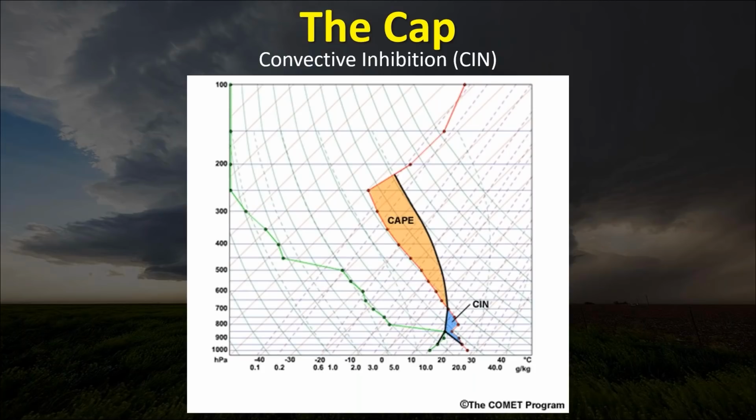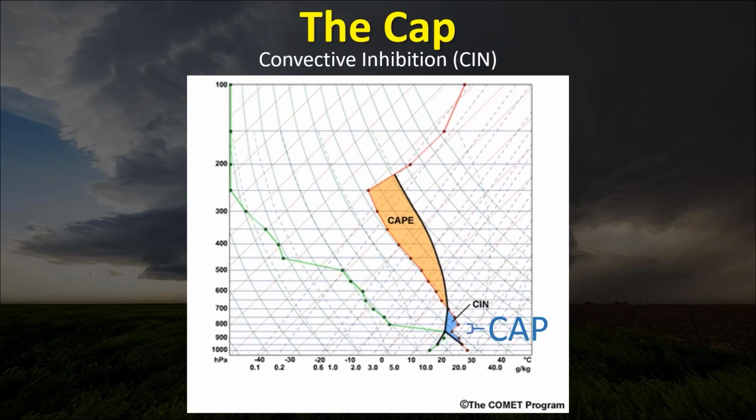So you can see there, if you start from the surface, the red line is going to the left, going to the left. It hits a certain point there around 850 millibars, and then it starts going to the right. And so that is the cap. That's the warmer air right there on the sounding.